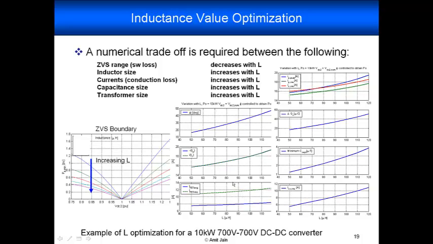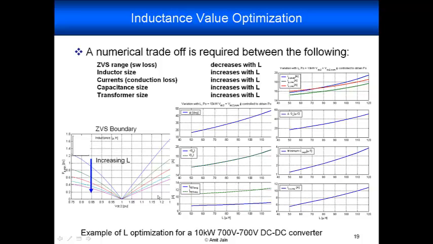So in a real design, what you do is a numerical trade-off between these aspects: the conduction loss, switching loss, and the size of the inductor, transformer and capacitance, and come up with a value of L that minimizes the total loss and the total size.